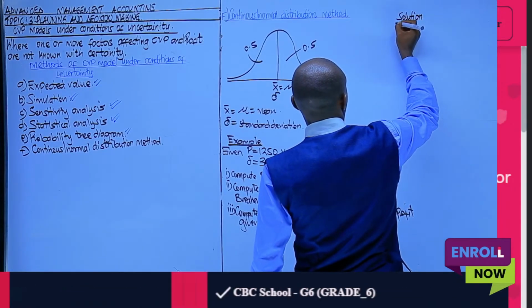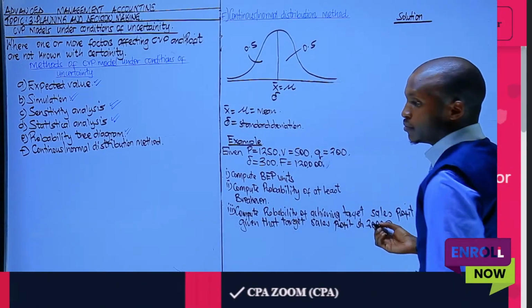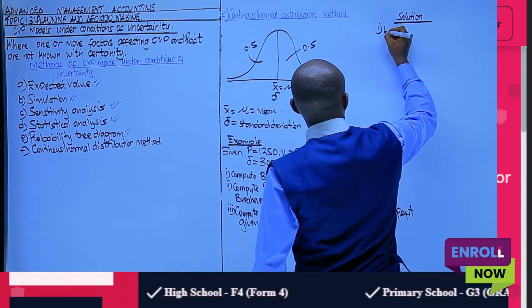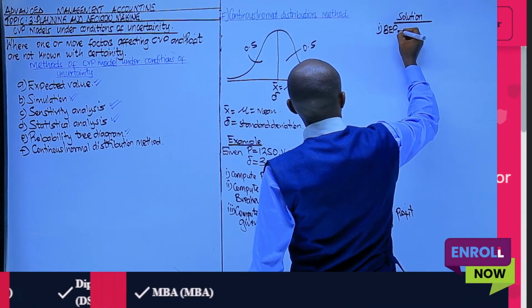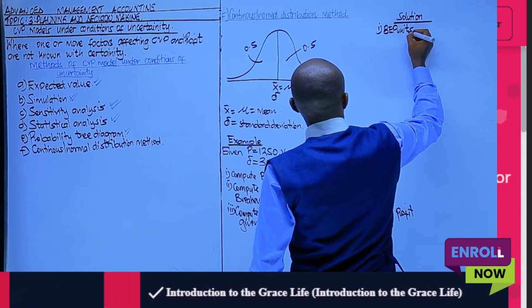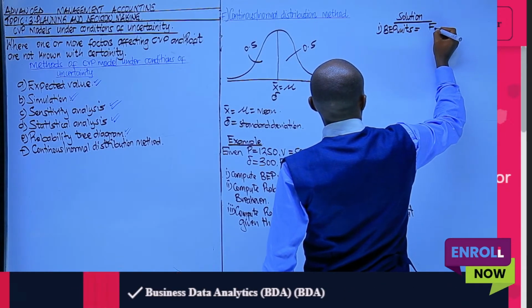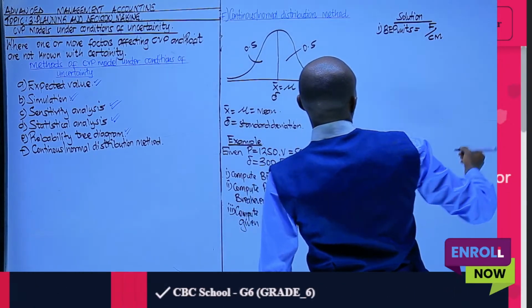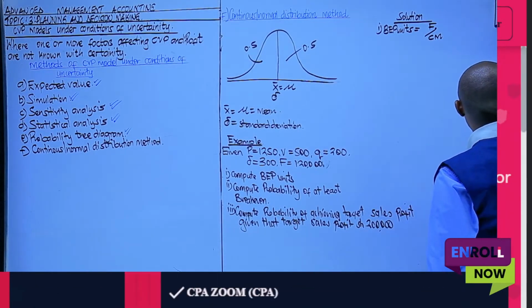This is a section. Your break-even point number 1, if you want it in units, you simply take your fixed cost, 120,000, divide by contribution margin.